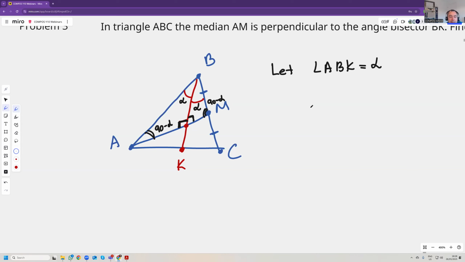Then angle BAM is 90 minus alpha. But also angle BMA is also 90 minus alpha.